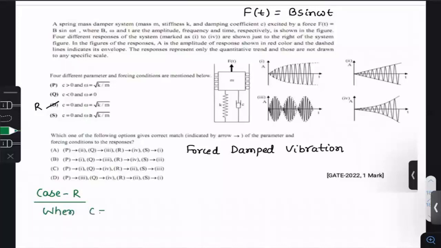When C is equal to 0, the meaning is what? The meaning is your undamped vibrating system.